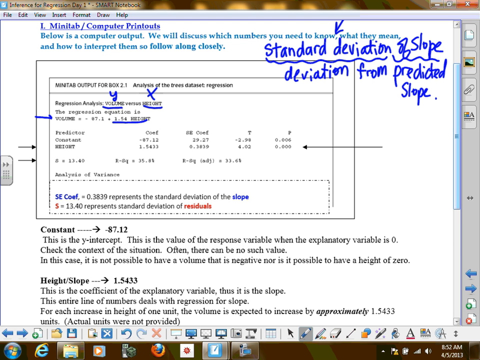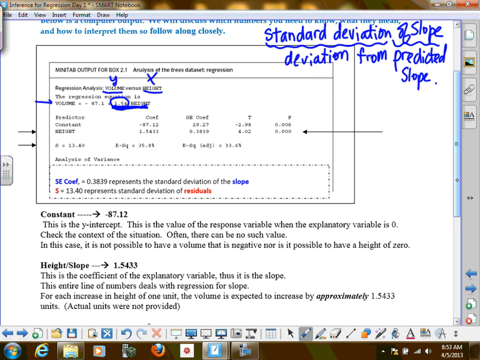Tell me this in words, in context. For every 1 unit increase in height, the volume increases 1.54 units. So the volume is increasing 1.54 units as the tree increases 1 unit in height. I don't know if we understand what the units are here.